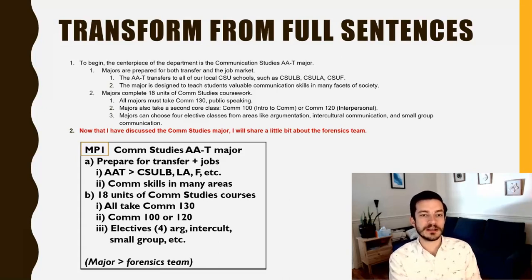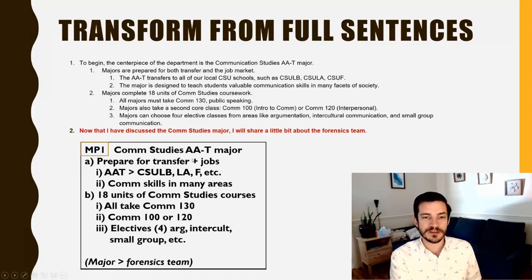You're going to notice that, first of all, there's no missing information per se. All of the subpoints from my full sentence outline are still represented on the keyword outline, but the amount of writing is vastly less. So for example, instead of writing out communication studies, I write comm studies.